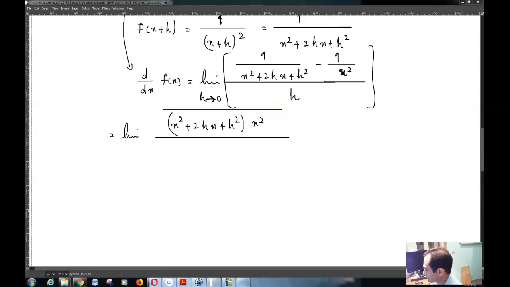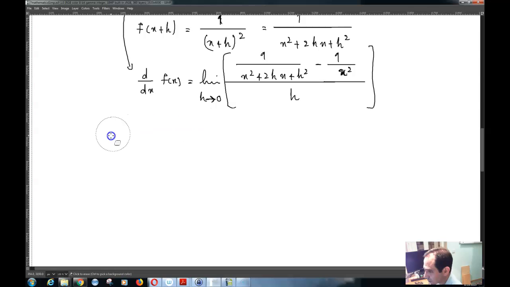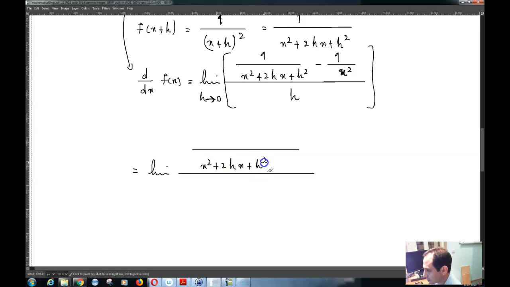I need to write this a little bit better. So I can write this as the limit of the numerator, which becomes x squared minus basically this whole thing, x squared plus 2hx plus h squared, times x squared. So this is your LCM. So you will get x squared over here minus this whole thing, which is x squared minus 2 times hx minus h squared, over h.